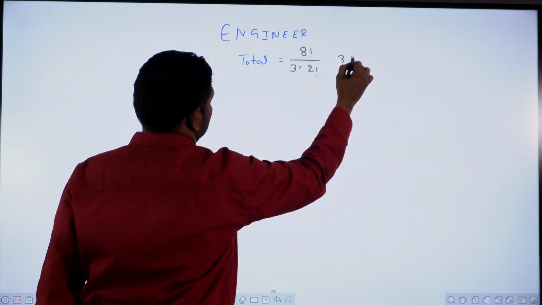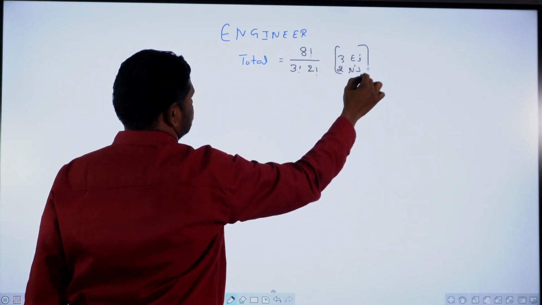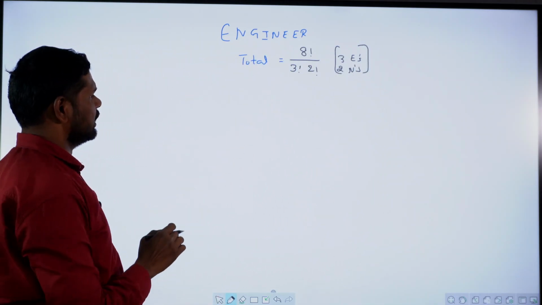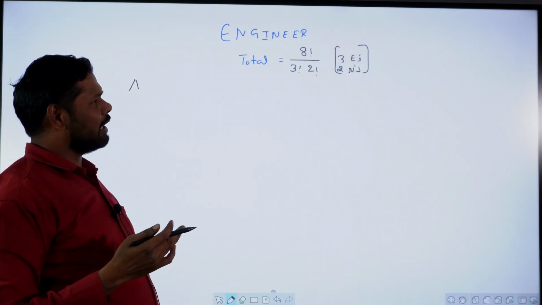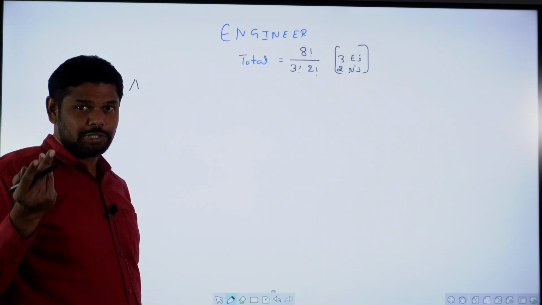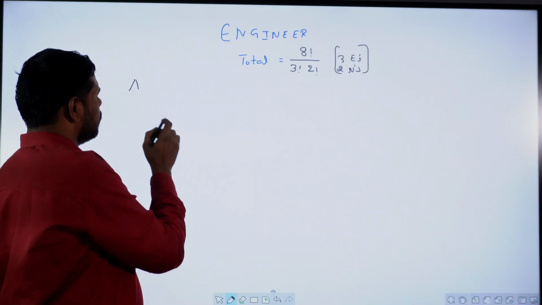Why? Because 3 E's are there and 2 N's are there. That's why we write the total ways for ENGINEER like this. Now, not only vowels, instead of all vowels, questions may be framed with all consonants coming together. The concept is the same.